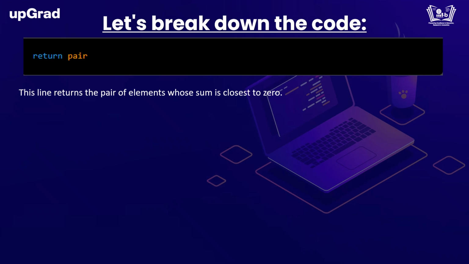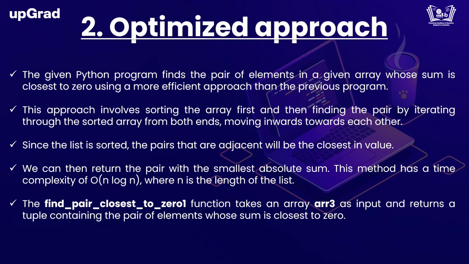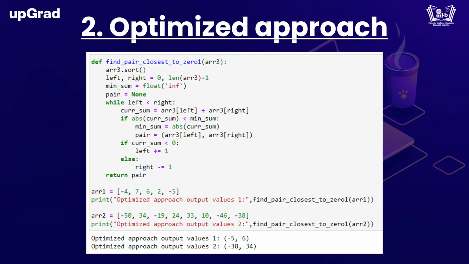Moving forward to the optimized approach, this involves sorting the array first and then finding the pair by iterating through the sorted array from both sides, moving towards each other.